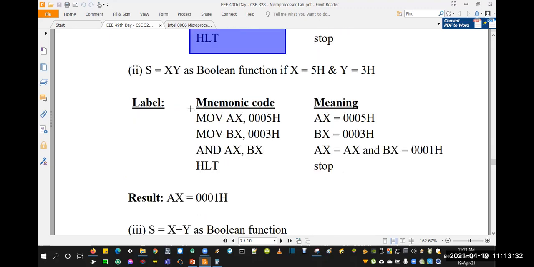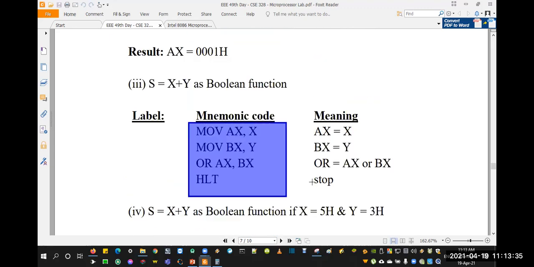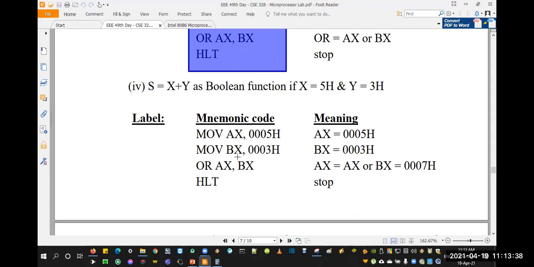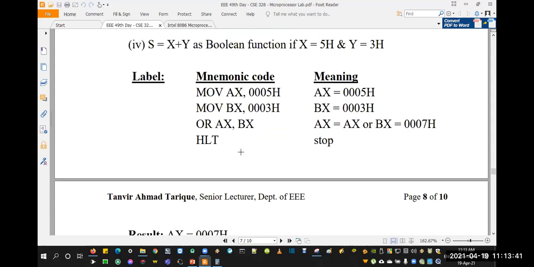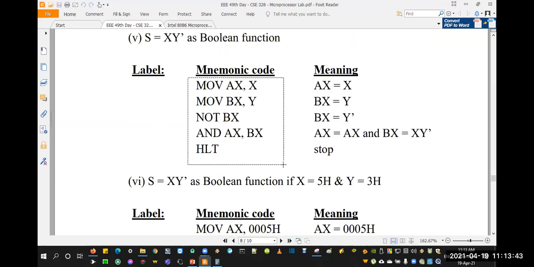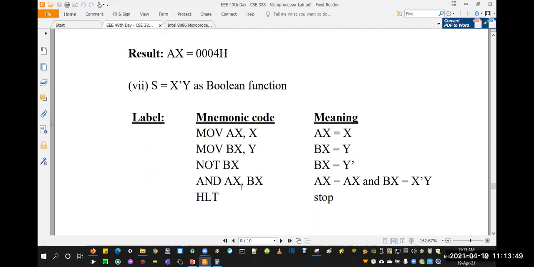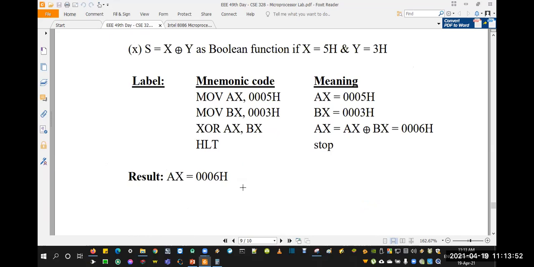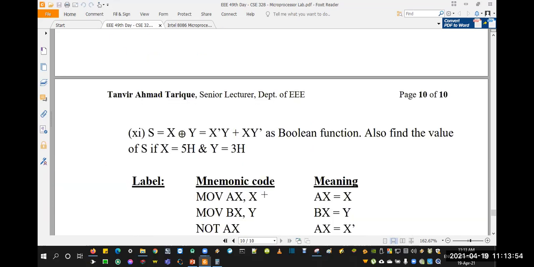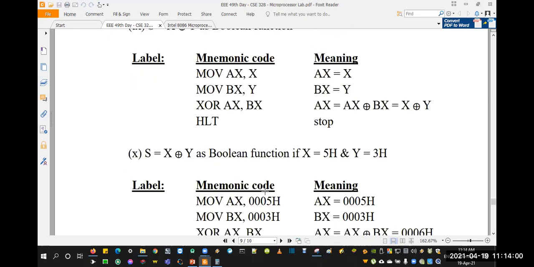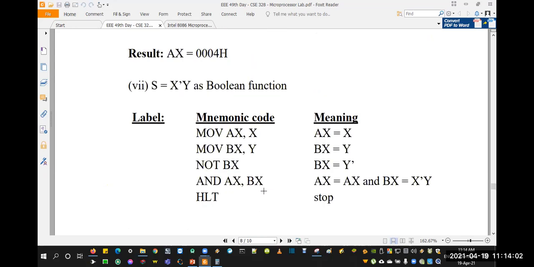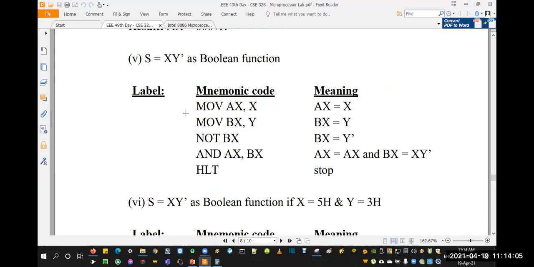That means this was a machine code, this was a machine code, etc. There are some copies, so you may not be required to do every one. This is the machine code of these mnemonic codes, etc. You have to write them, and finally there are a total of 11 examples, and you will see that most of the examples are just copies, or there are some common things in each of them. So if you find move x, x one time, then you can use this in all of the 11 examples.